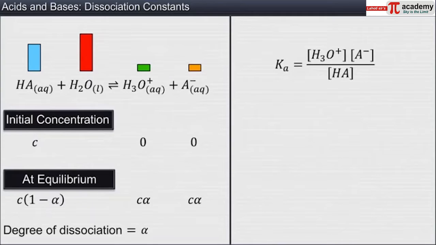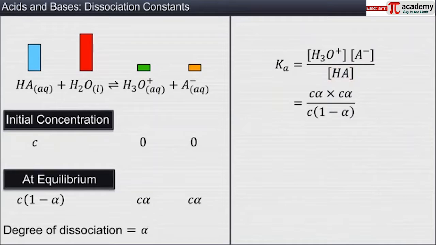The dissociation constant Ka for this dissociation equilibrium can be written as Ka is equal to the product of concentration of H3O plus and A minus ions divided by concentration of HA.